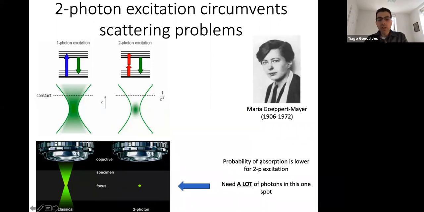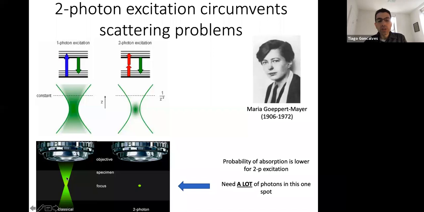And by optical sectioning, we mean when you illuminate a specimen, you get this cone of light, right? So you get your focal point and you have this cone of light through your sample. And you want to really image one of these points at a time.